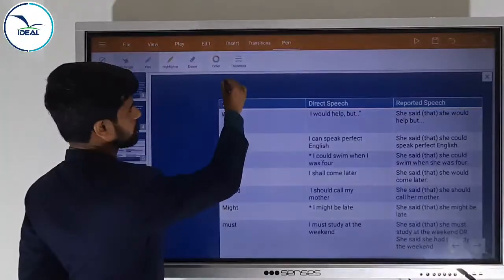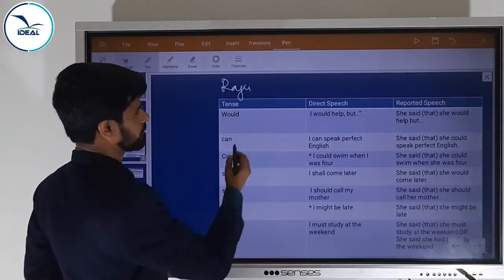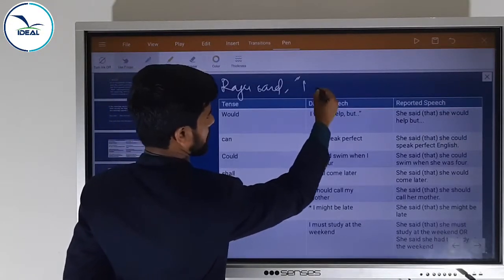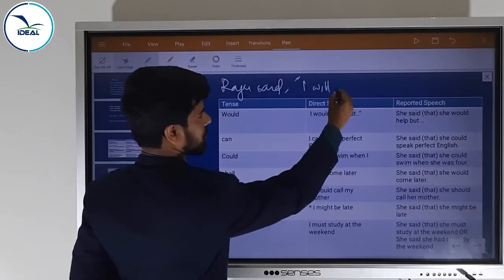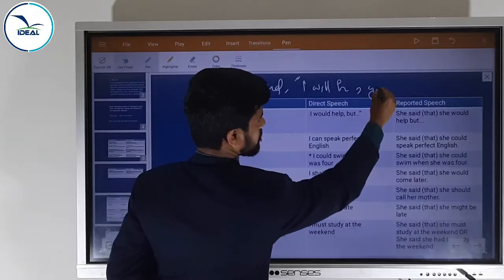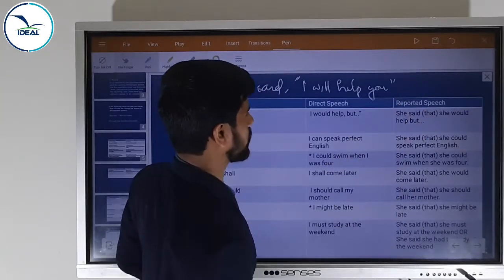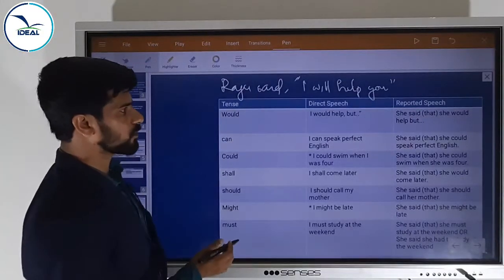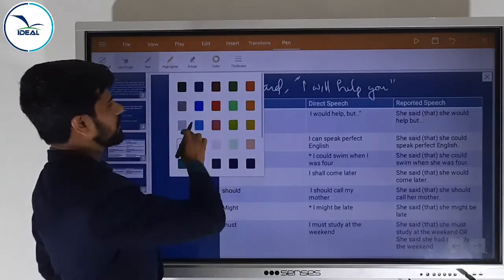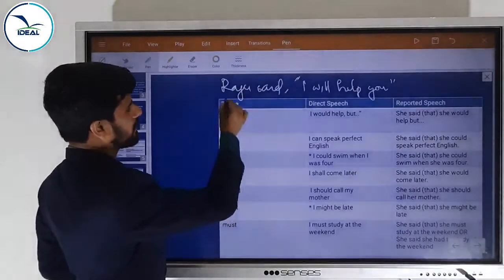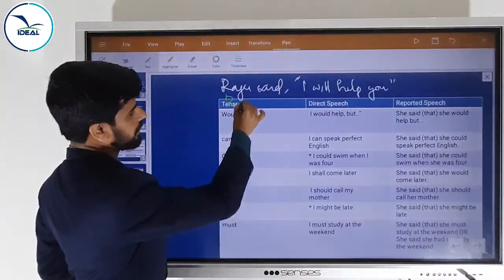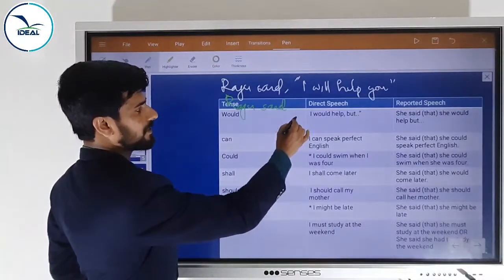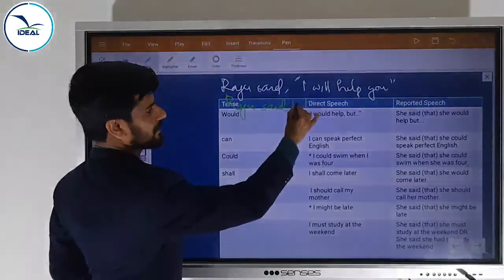Listen, for example, Raju said, I will help you. So, when you convert this into reported speech, how will you convert this? You can say, Raju said that.